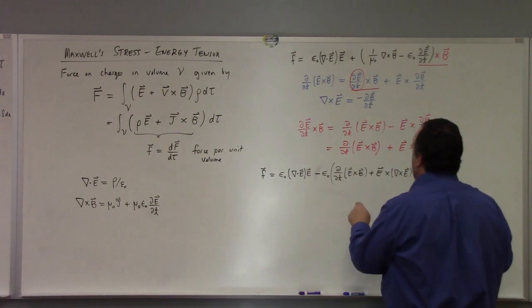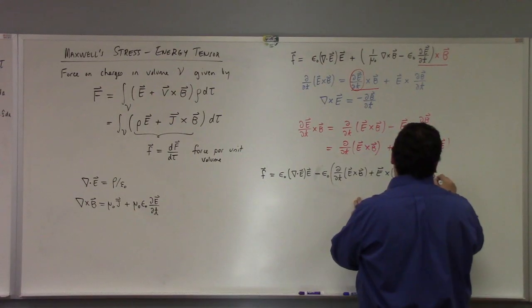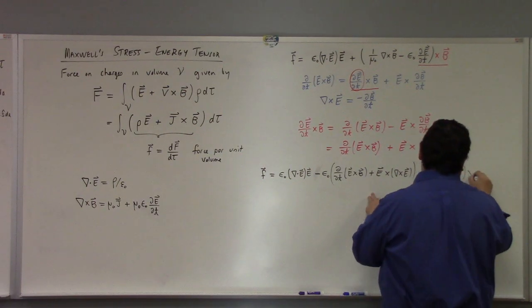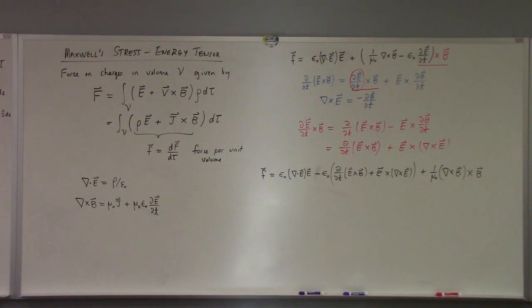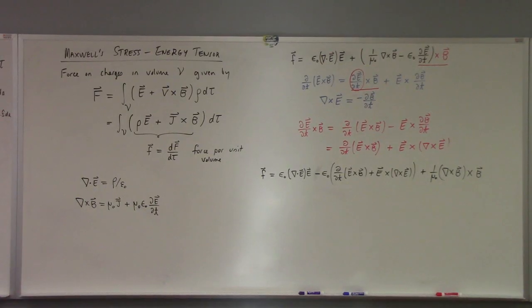All right, and then I still had the plus 1 over mu naught curl of B cross B here. Well, you see the Poynting vector coming up here, right? See that? Because we can get that out of the way.